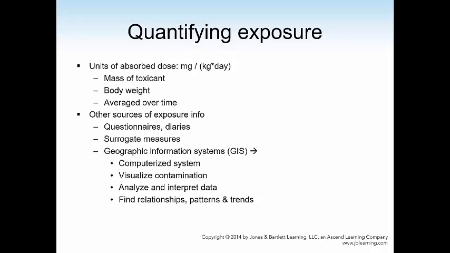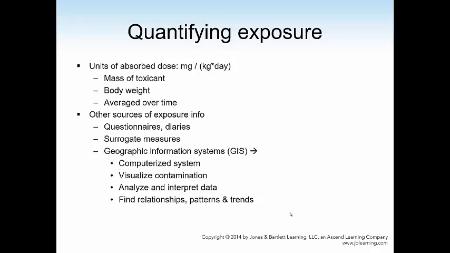One of the things that I won't go into the surrogate measure so much, but GIS, Geographical Information Systems, this is really big now that everybody has smartphones. And there's just so many ways to assess particular environments and to analyze and interpret data in particular geographical areas.